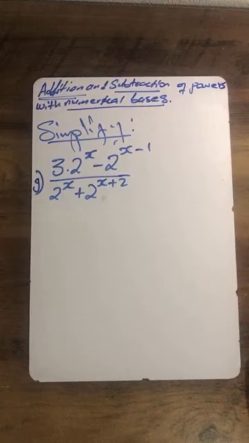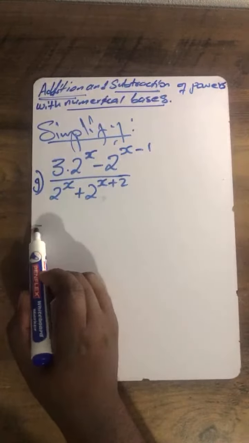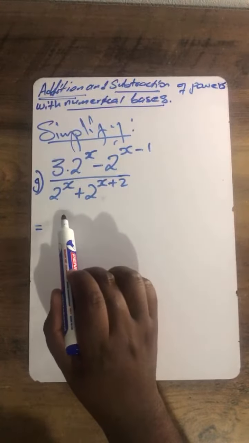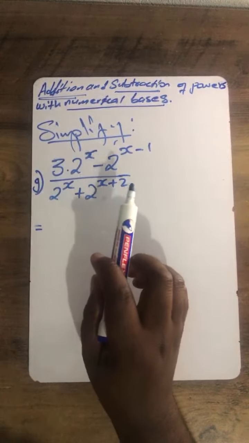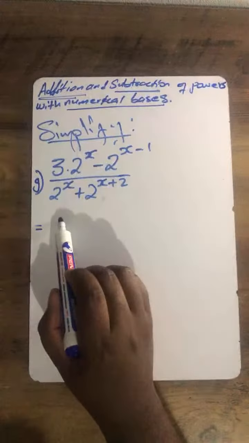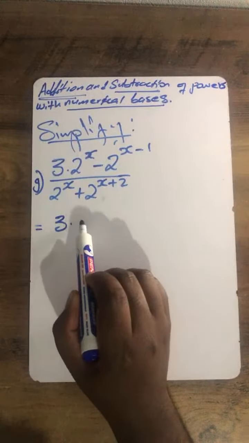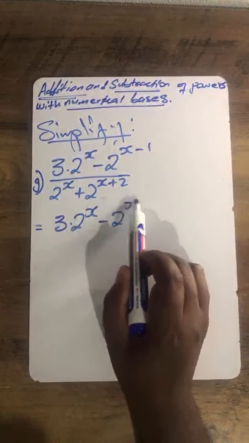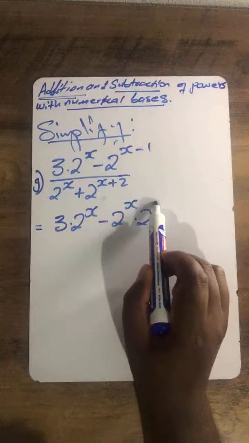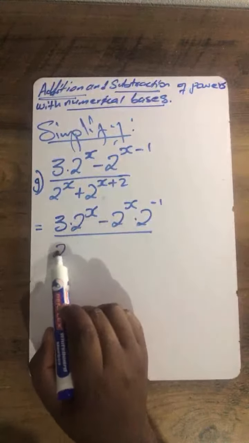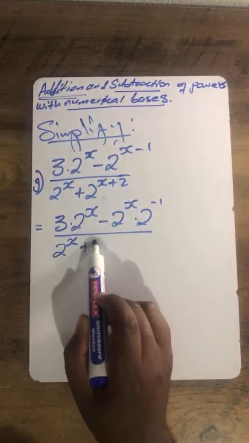Just so that we cover some more, let us do the corrections. I'll just be waiting for other answers as I work it out. Remember, addition and subtraction of powers with numerical bases. So this one also, let me try to expand it or break it. It seems like these steps are just the same. Anesu also got half.